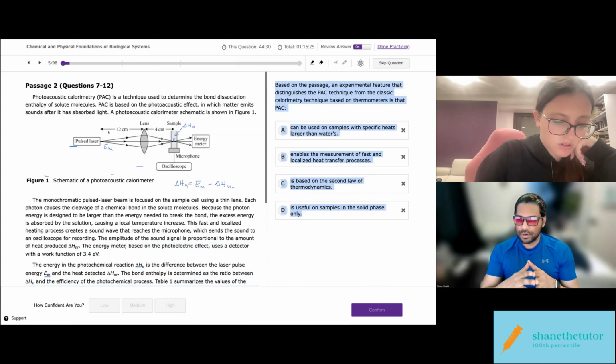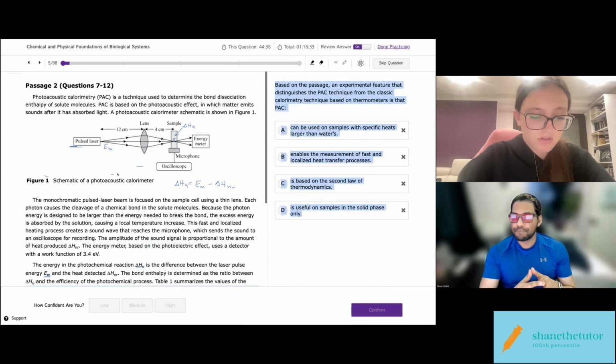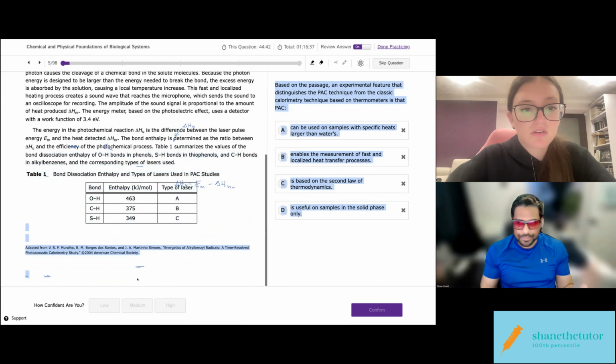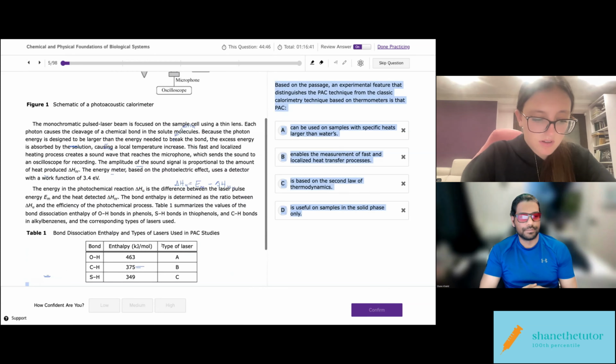A thermometer directly measures temperature, right? So you're saying that they're going through all this because they're not measuring it with a thermometer. It makes that sound, and that's what they're using. Okay, I understand.